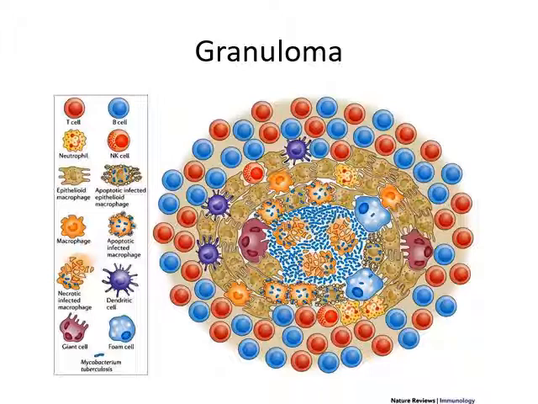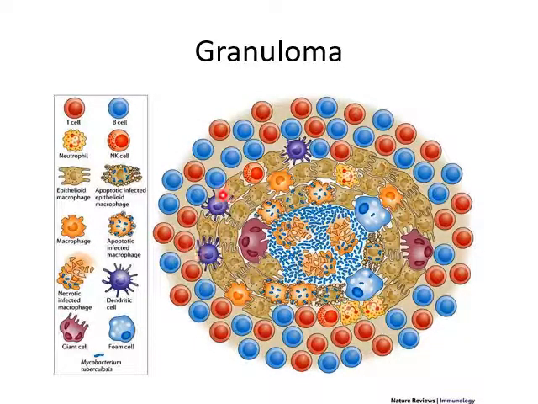So over here we can see such a granuloma, which can occur in various organs in chronic diseases, notably Mycobacterium tuberculosis infection. There is an outer border of fibrous tissue. Then there is a layer of lymphocytes, T and B lymphocytes.